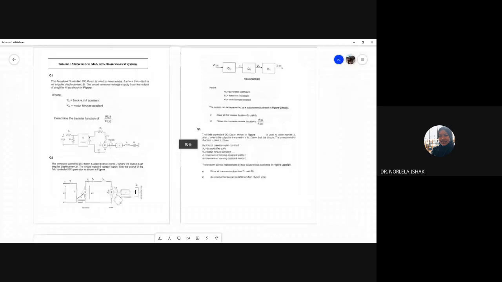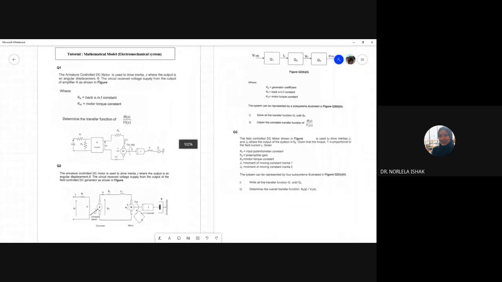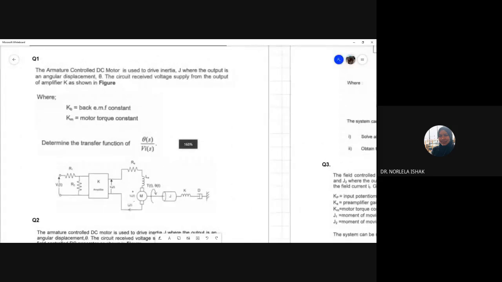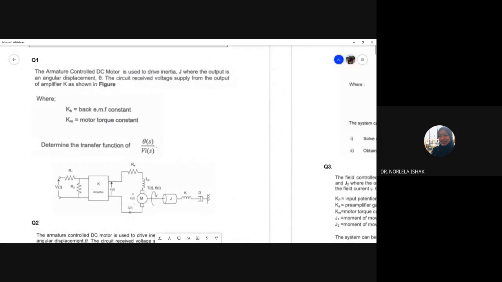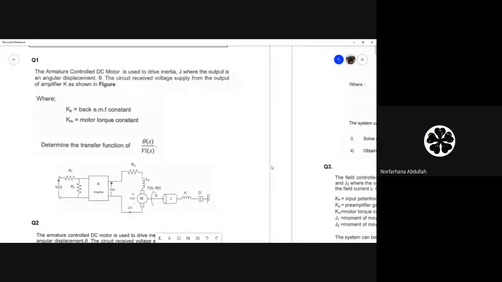Nampak tak? Nampak ke? Media dah share kan? Dah nampak. Okay, question 1 we finish. We already discussed for our question 1.